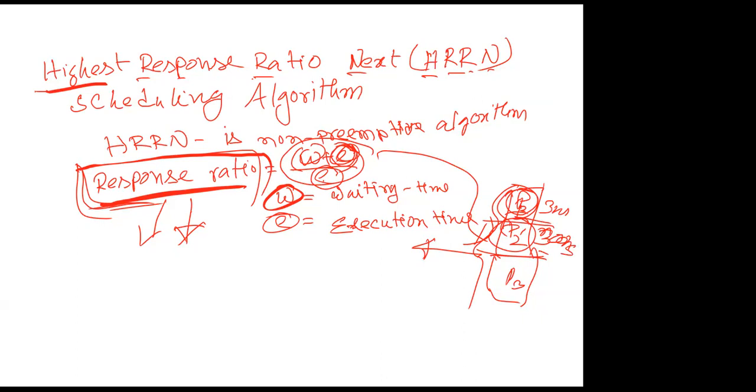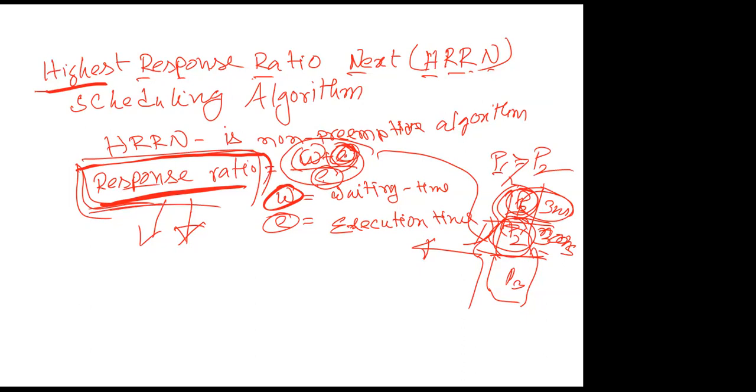If you calculate the ratio, P1's response ratio will be the highest, larger than P2's, because P1's execution time E is smaller than P2's.